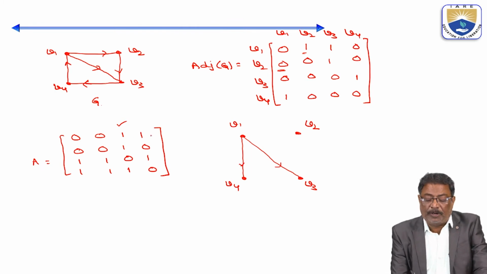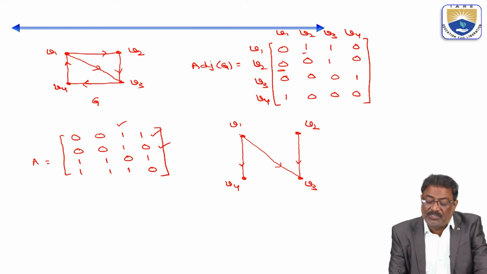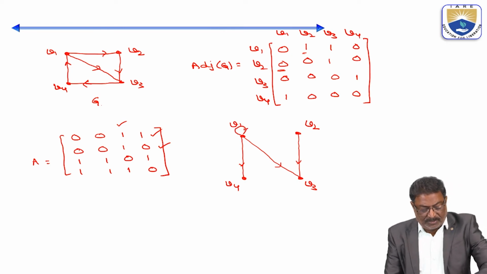The first row is over. Then the second row: V2 to V3, there is an edge. The second row is over. Now, V1 to V1, there is an edge.